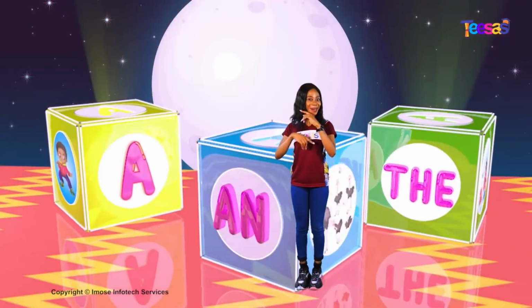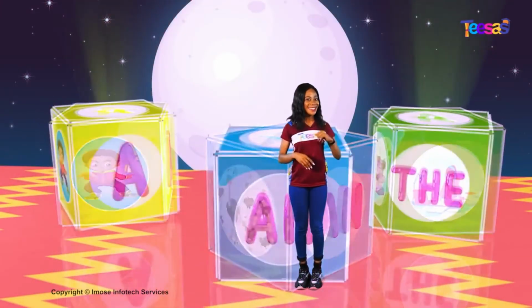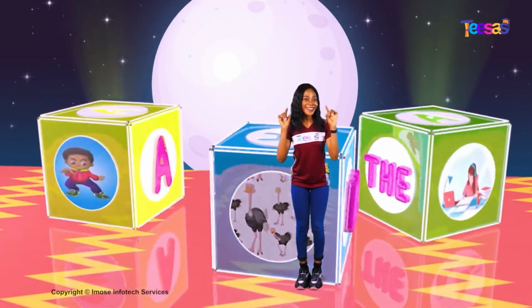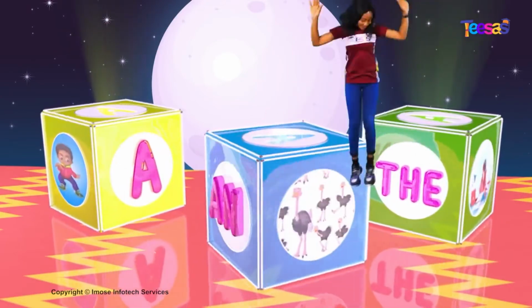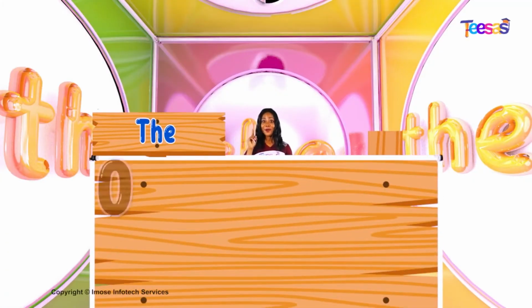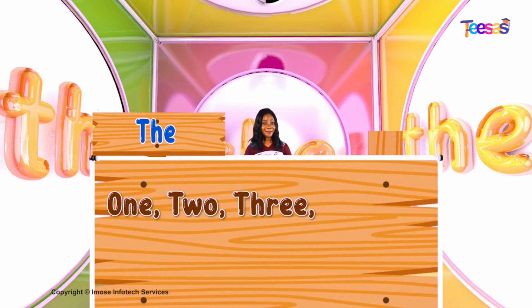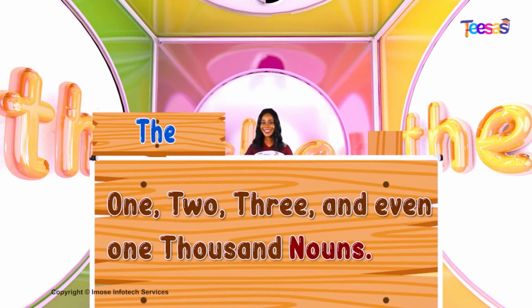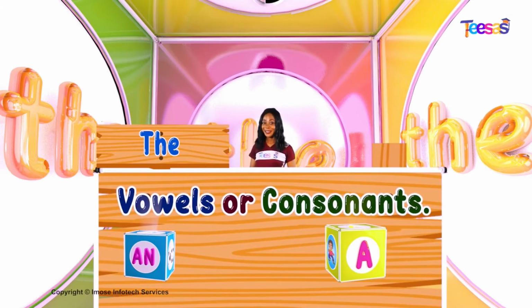Now, how about the last box line for the article the? The can be used with one, two, three, and even a thousand nouns. It can also be used for nouns that begin with both vowels or consonants.